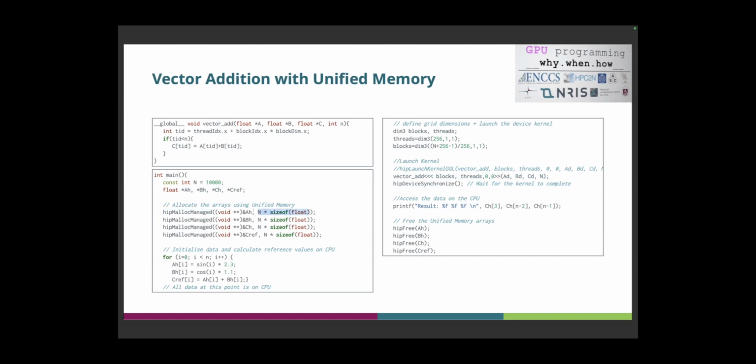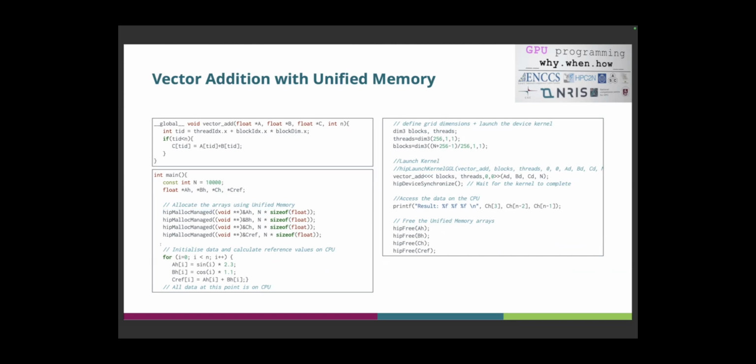And the same argument is here, the size of the array, of course. And when you use this kind of call, as the name suggests, we let the runtime manage where our data should reside.